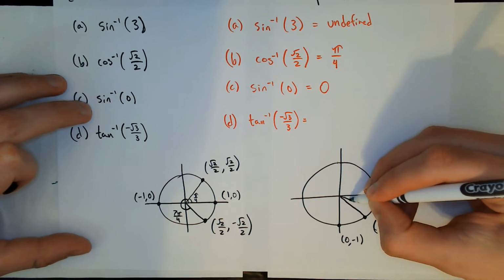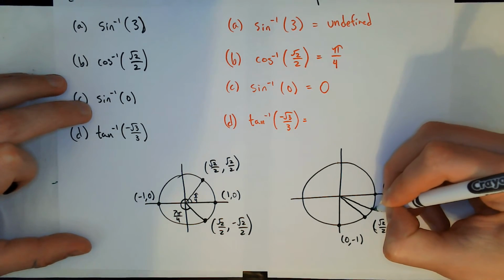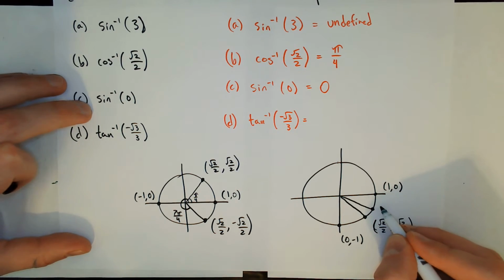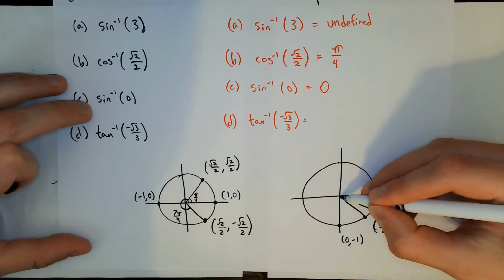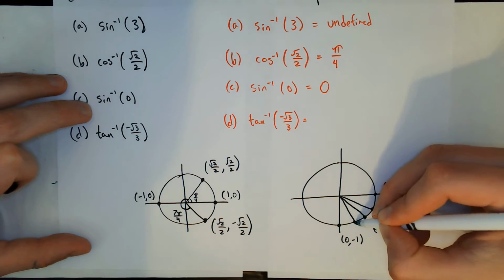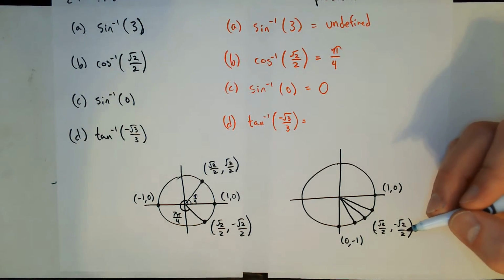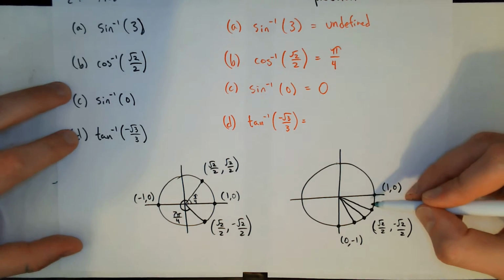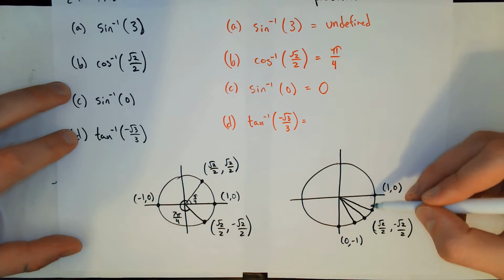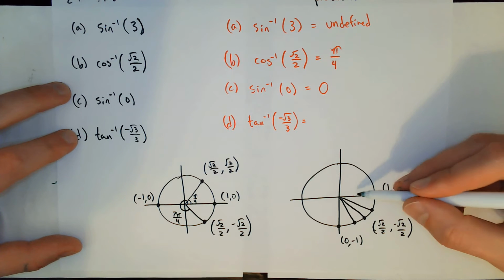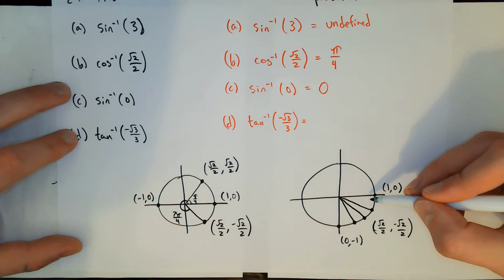So let me look at, what about this angle here? And then this one here as well. What are those? I don't have my unit circle in front of me, but let me just say this 30 degrees, so the adjacent side is square root of 3 over 2.